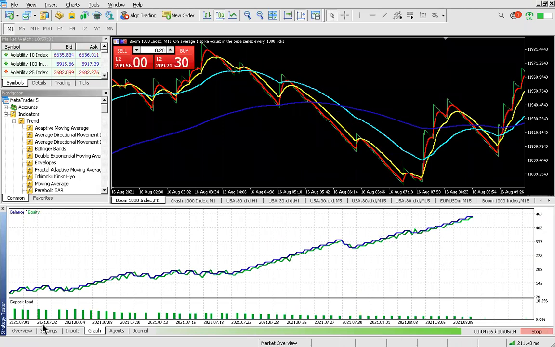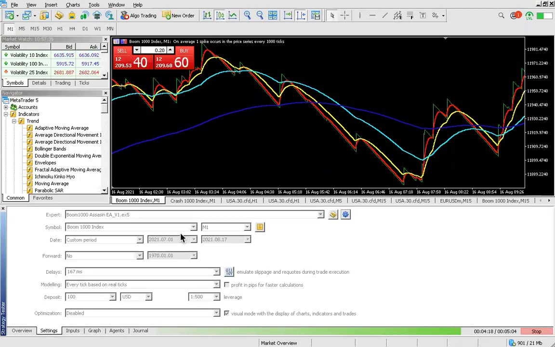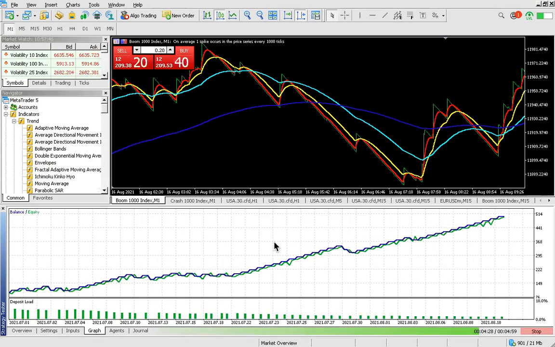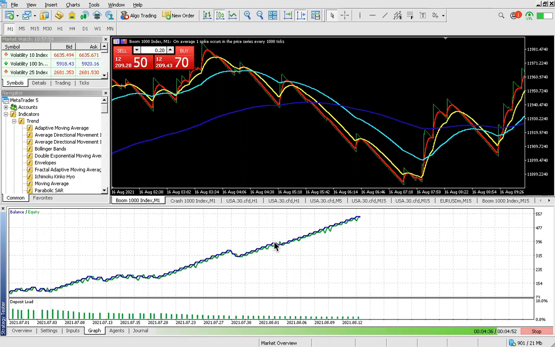I've got an EA that trades the Boom 1000, an EA that trades the Crash 1000, an EA that trades the Crash 500 and the Boom 500. All of these, I'm selling them separately, and they work for a $100 account separately.